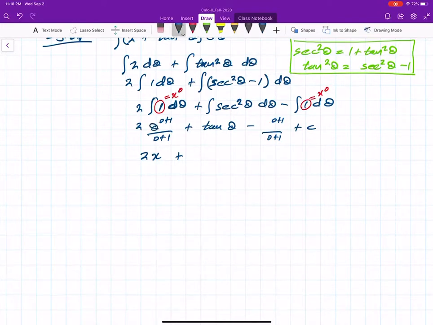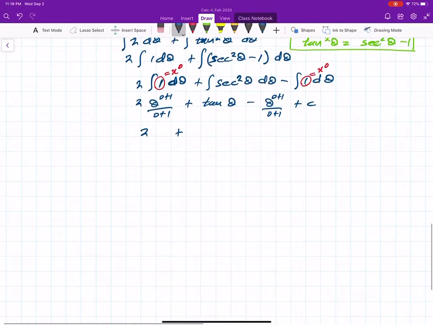They should be theta. So this should be 2 theta plus tan theta minus theta plus c.